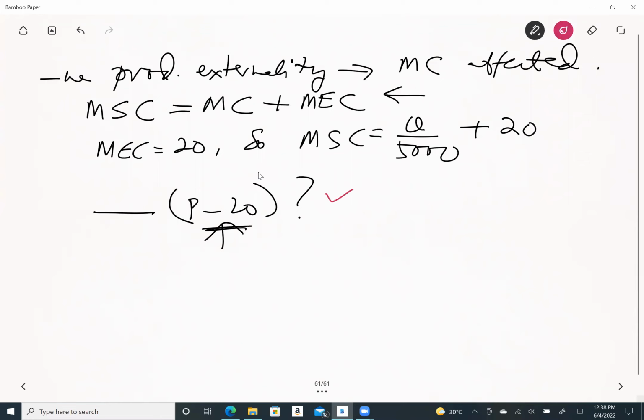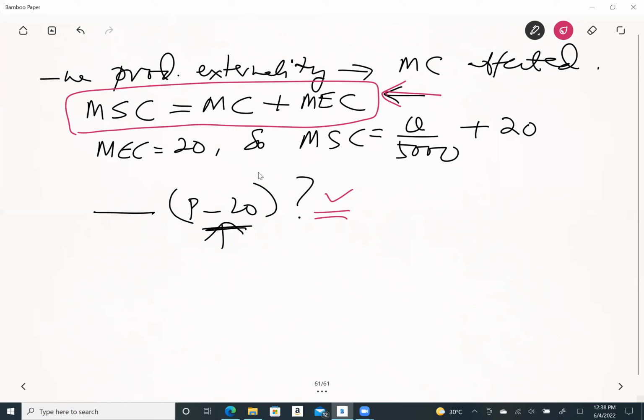This is right also, but we are going to look at it from the externality theory, and this is how you define the effect of the externality on either the marginal benefit or the marginal cost. Okay, so it's the function of Q.